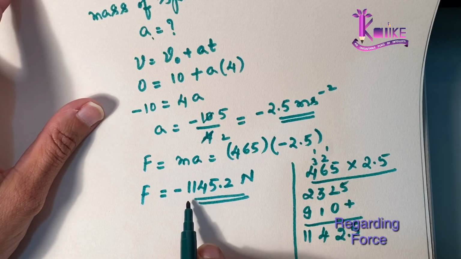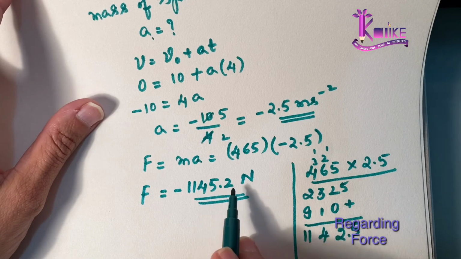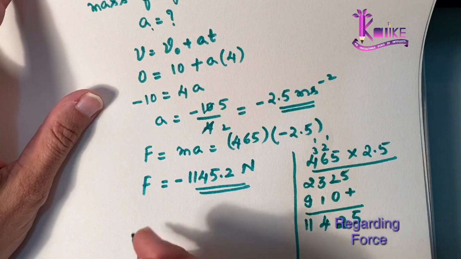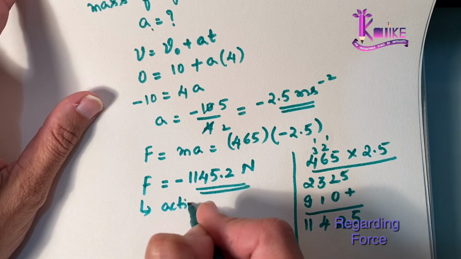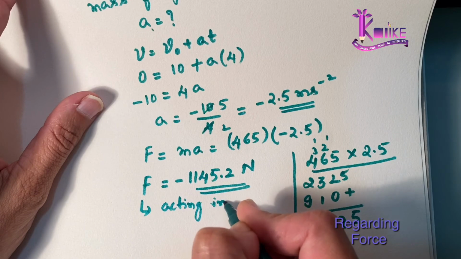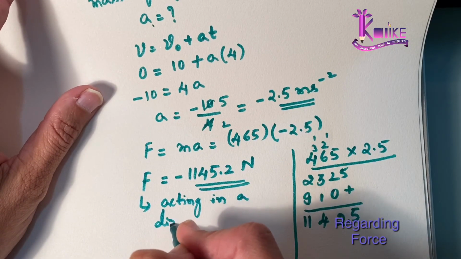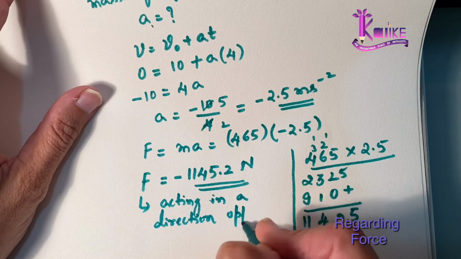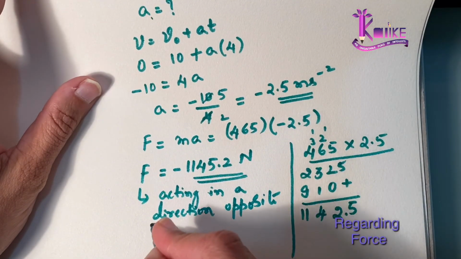Because this tells you that this is the force that is acting in a direction opposite to the direction of motion. So the negative sign tells you this force is acting in a direction opposite to the motion of the vehicle.